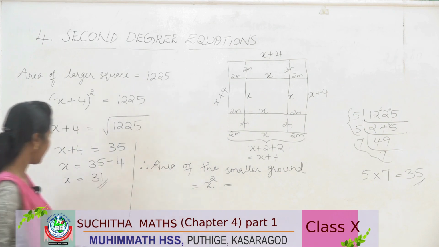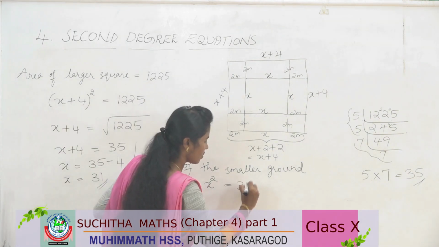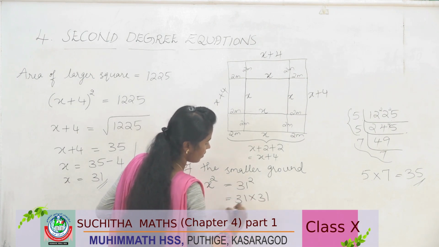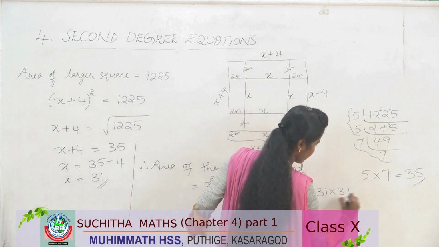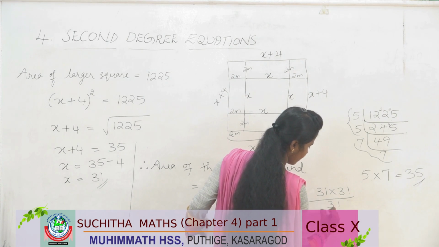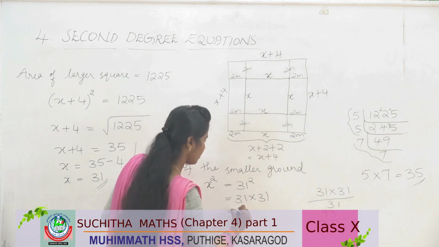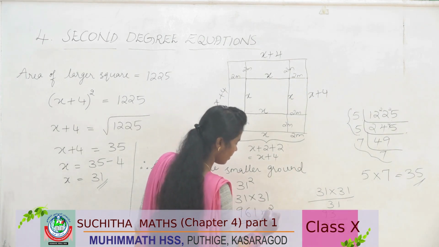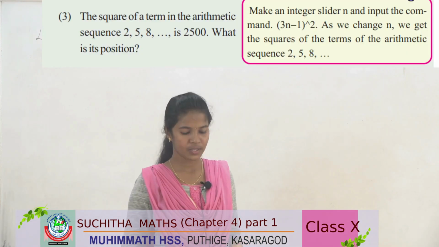Here the value of x is 31, so 31 square. 31 square means 31 into 31. 31 into 31 is 961 meter square.